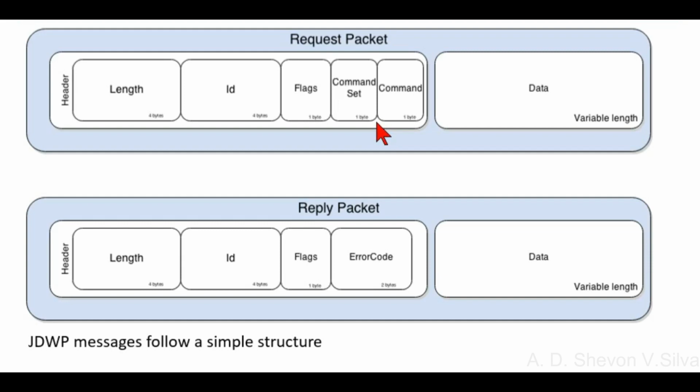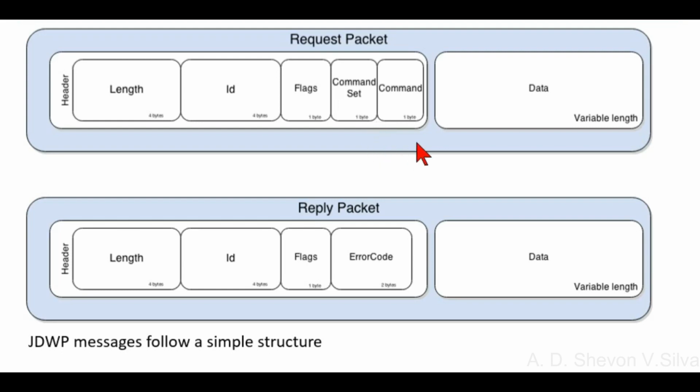The command set space is roughly divided as follows: 0 to 63 sets of commands sent to the target VM, 64 to 127 sets of commands sent to the debugger, 128 to 256 vendor defined commands and extensions.